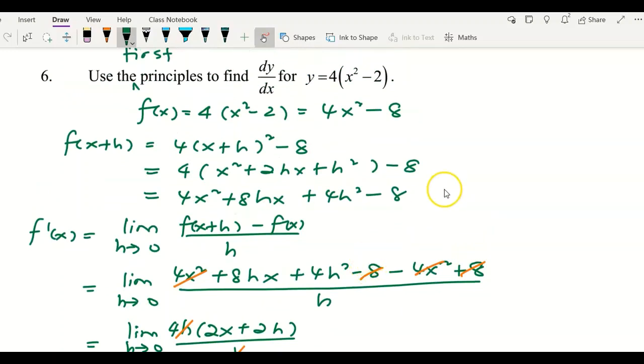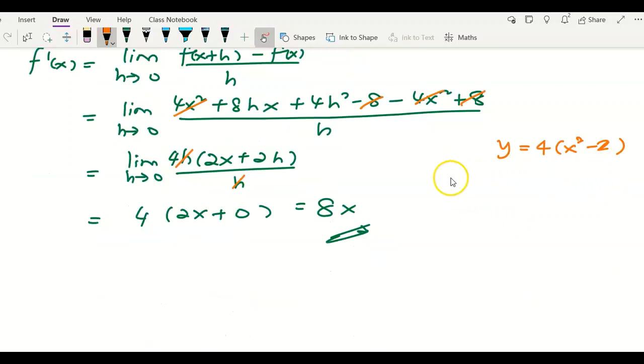And you can always check your answer. We are actually worried that maybe we did something wrong, so you can always check the answer by using the power rule of differentiation. I copy down the y, and then use the power rule.